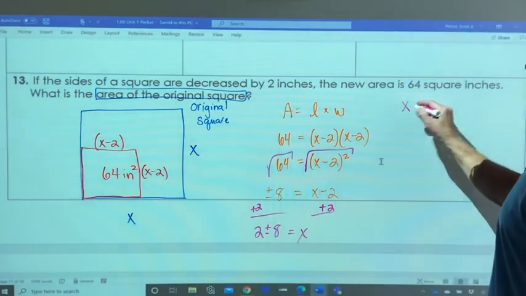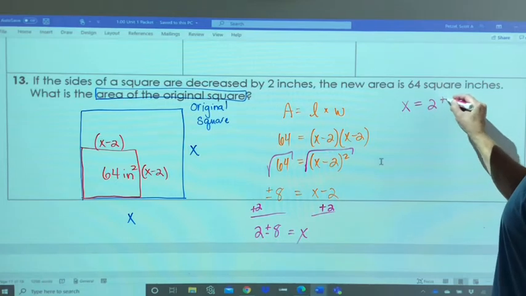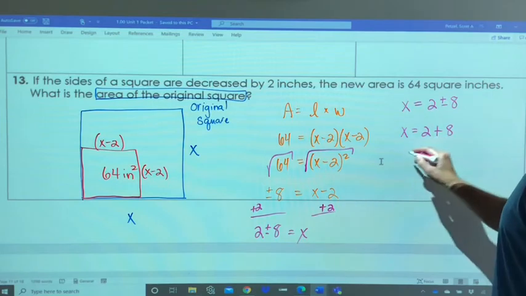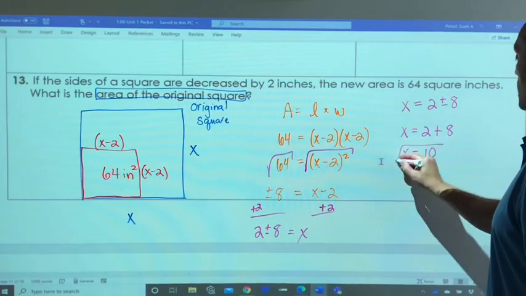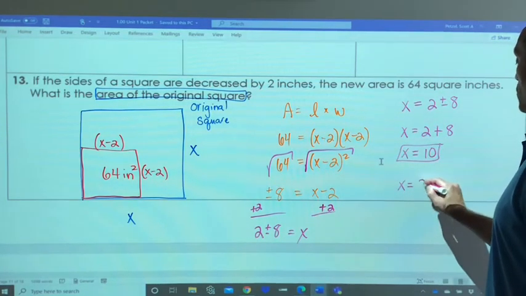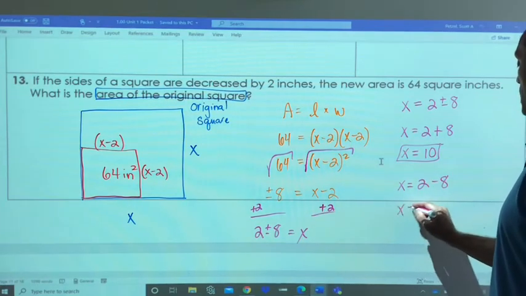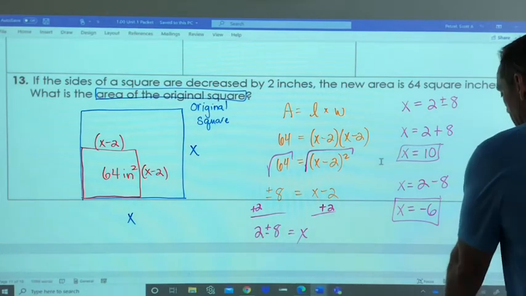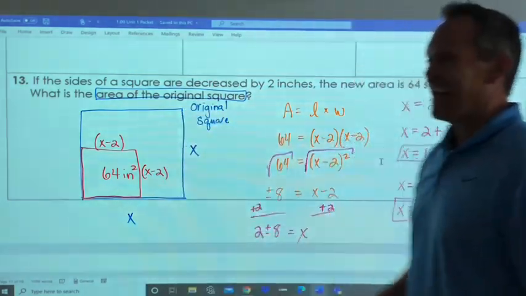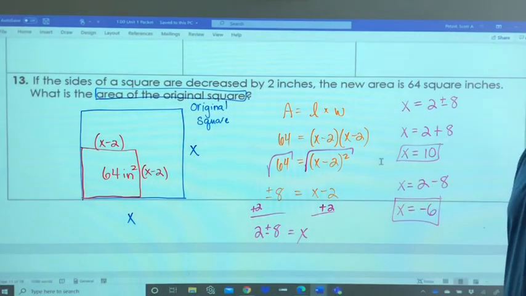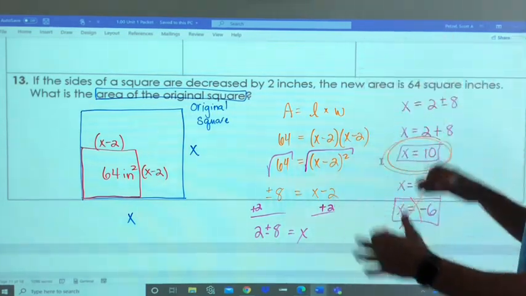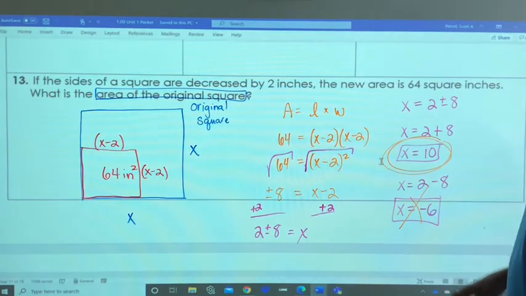So x equals 2 plus 8, x equals 10, x equals 2 minus 8, x equals negative 6. X is a length. I can't say my room is negative 6 feet long. So negative 6 is a no-go. While negative 6 solves the equation, it can't be a solution.